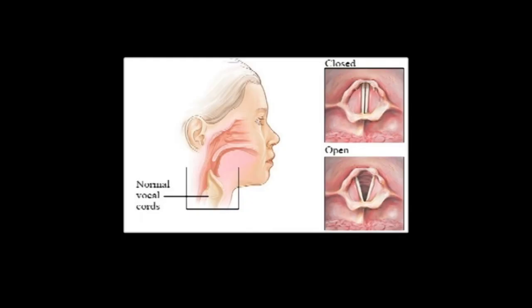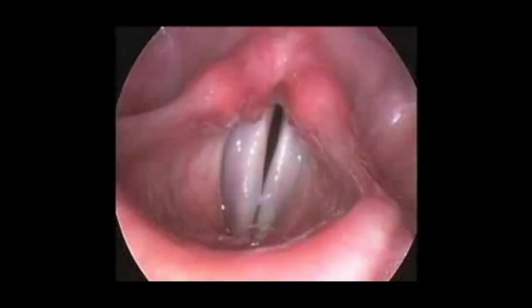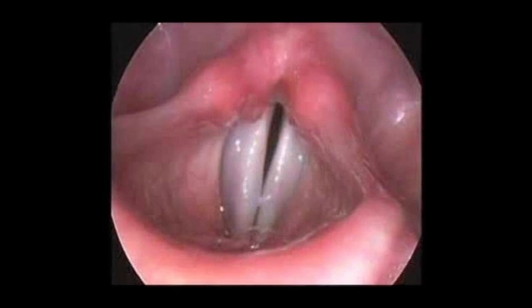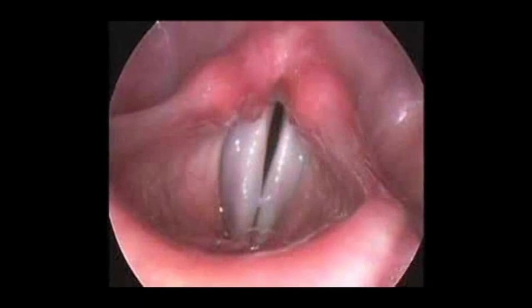Now, let us look at the organs individually in detail. We will also look at their function. The first organ is the vocal cords. If we look at the diagram on the slide, there are two vocal cords situated in the larynx.